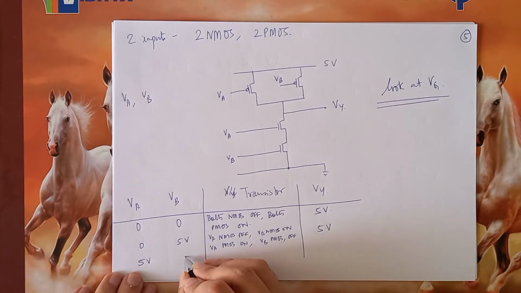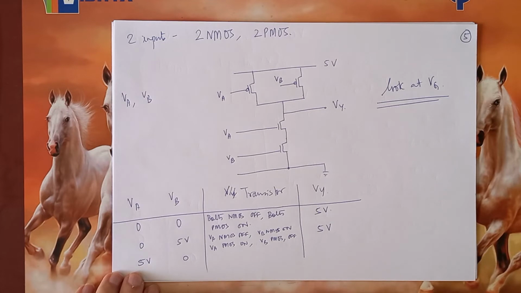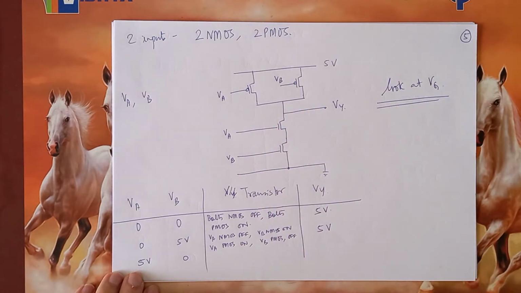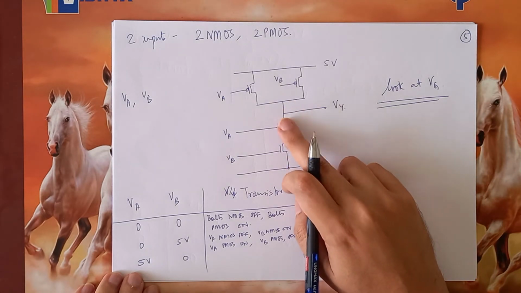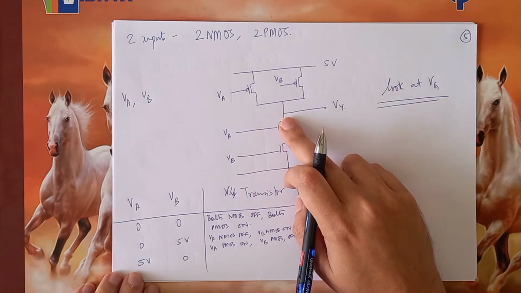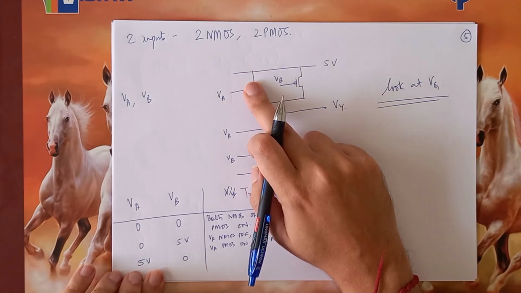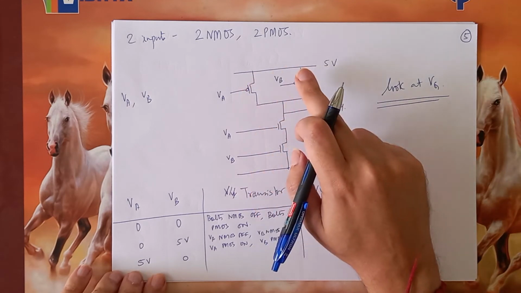Now when VA is 5 volts and VB is 0, I can immediately see that the converse will happen. Now the VA NMOS will be on, VB NMOS will be off, and VA PMOS will be off and VB PMOS on.